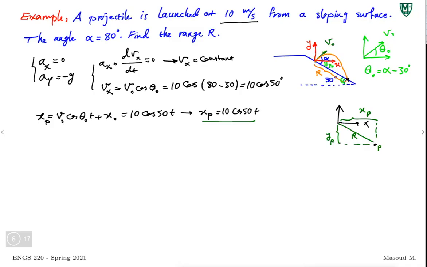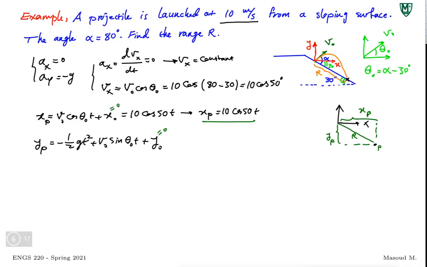Now I have to find the YP, right? Where Y is. Just writing it here. We'll see what we are missing and what we need. Y is one half GT squared plus V naught sine theta naught T plus Y naught, I believe it was. So hopefully everybody agrees that Y naught is 0.